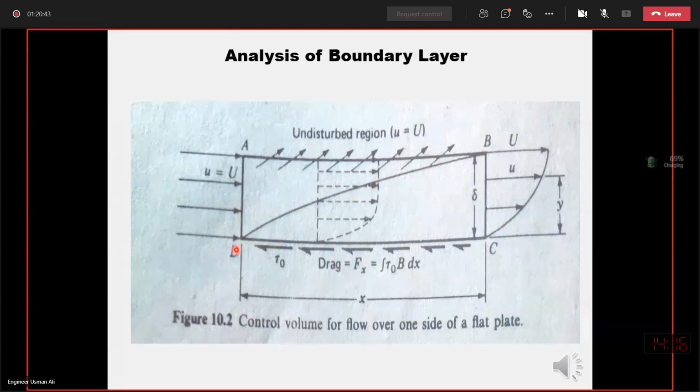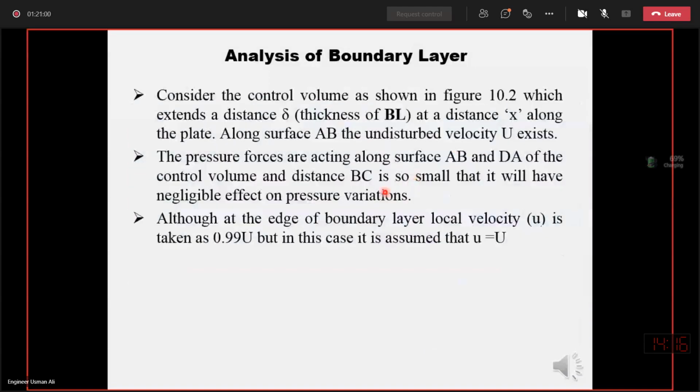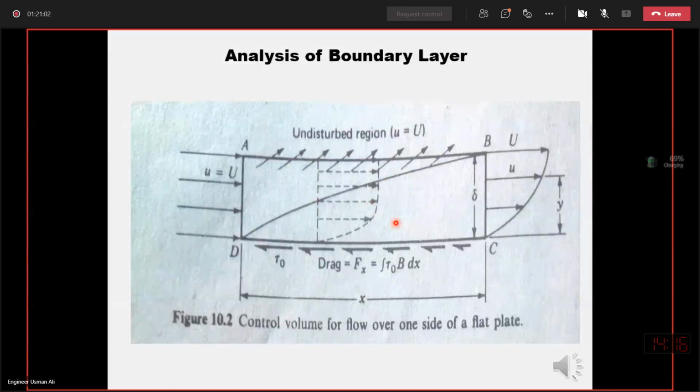D is the leading edge and C is the trailing edge, and ABCD is the control volume of the fluid that we are considering. This control volume is on one side of the flat plate. So it has two portions, one is the boundary layer and one is the undisturbed region of the flow.